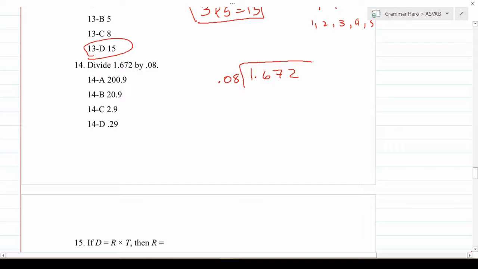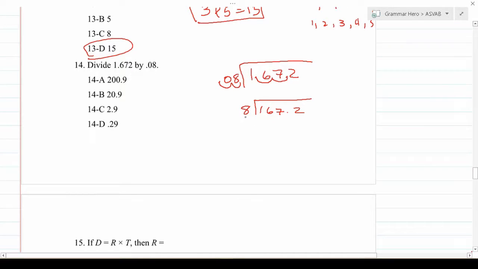So I'm going to move the decimal place twice here. And when I do that to this number, I have to do it here as well. So this becomes 8, a whole number, not a decimal, and 167.2. So again, you have to convert this outside decimal to a whole number to do these problems.